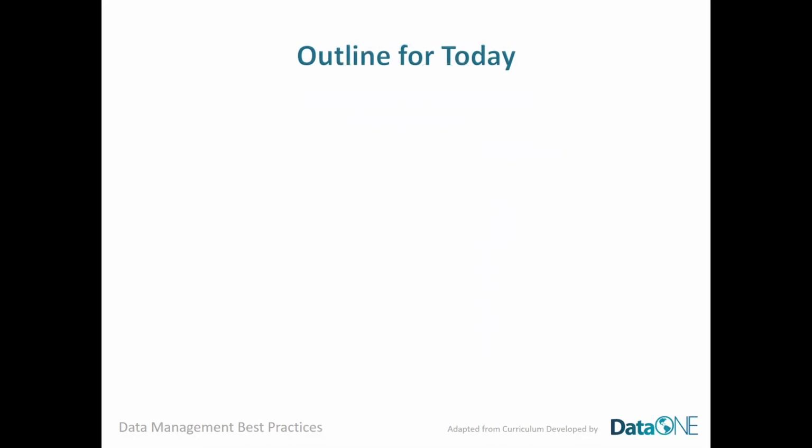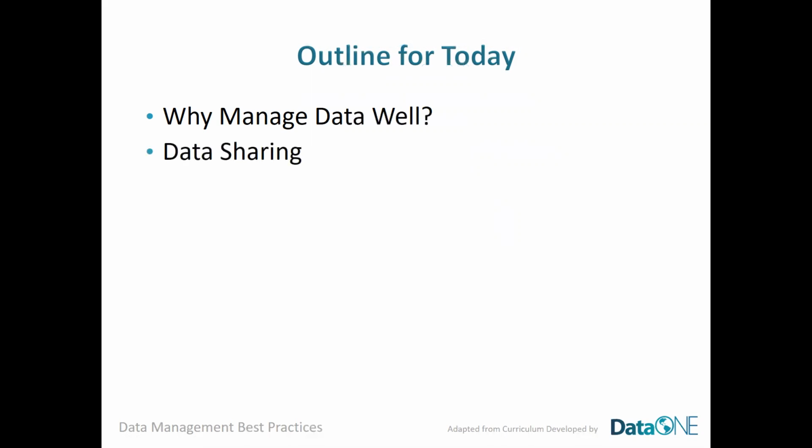So our outline for today is as follows. We're going to talk briefly about why it's important to manage data well, and then one of the main reasons that we manage data well is for data sharing purposes, and we'll talk a little bit about why data sharing is important. We'll go through some tips and tricks on data entry and manipulation, on how to minimize data error when you enter data and manipulate data.